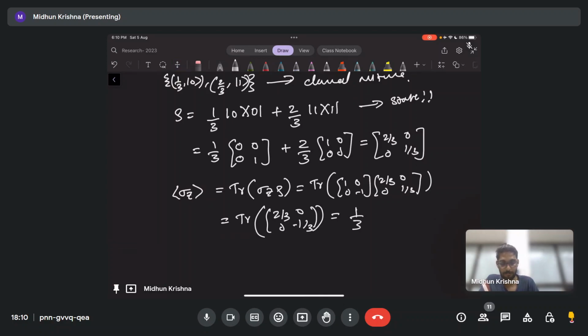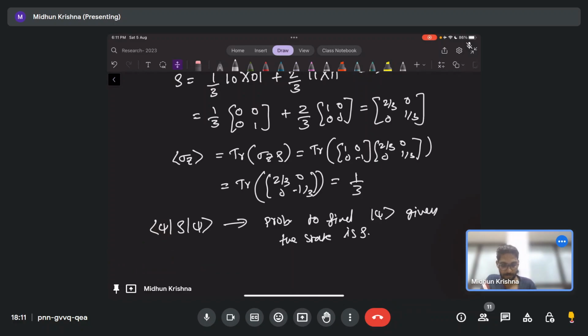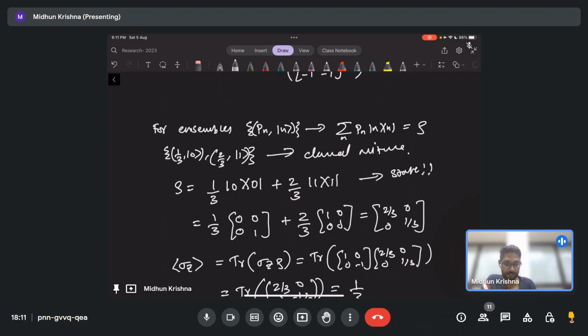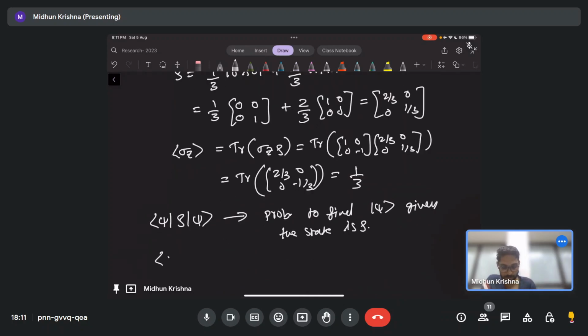So the probability to find the particle in any state psi is the probability to find psi given the state is rho. From the ensemble we know directly that the probability to find 0 is 1 by 3 and the probability to find 1 is 2 by 3. Now if you're not given the ensemble, and are instead given the density matrix, how would you find that? This is how you find it.